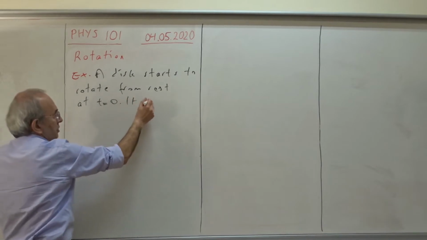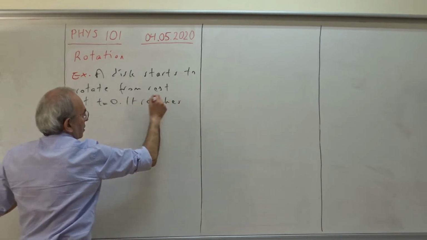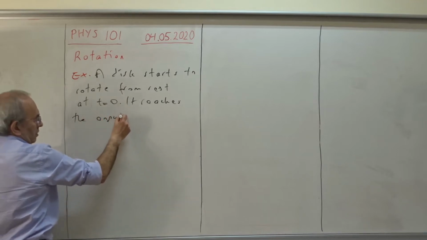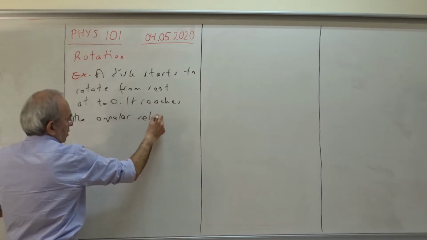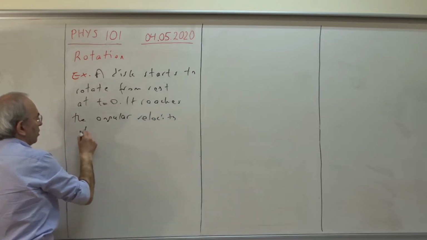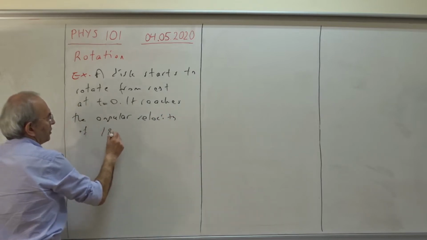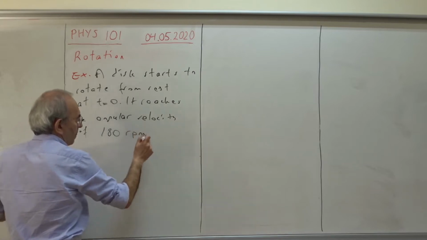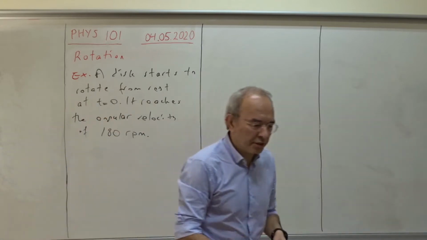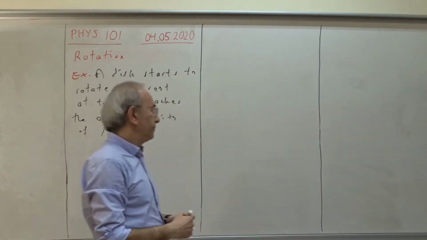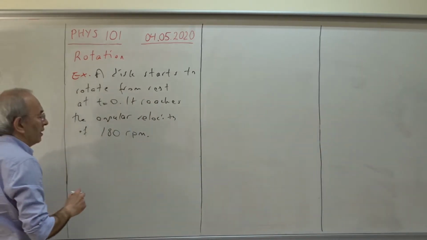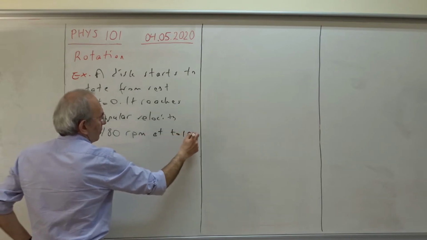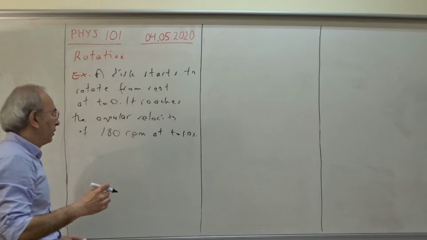So it reaches the angular velocity of 180 RPM. RPM means revolutions per minute, as we have said before, at time 10 seconds from the beginning.